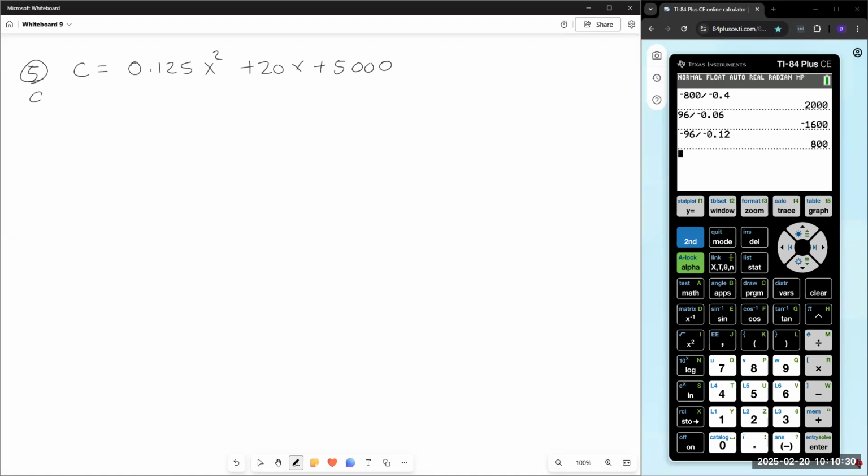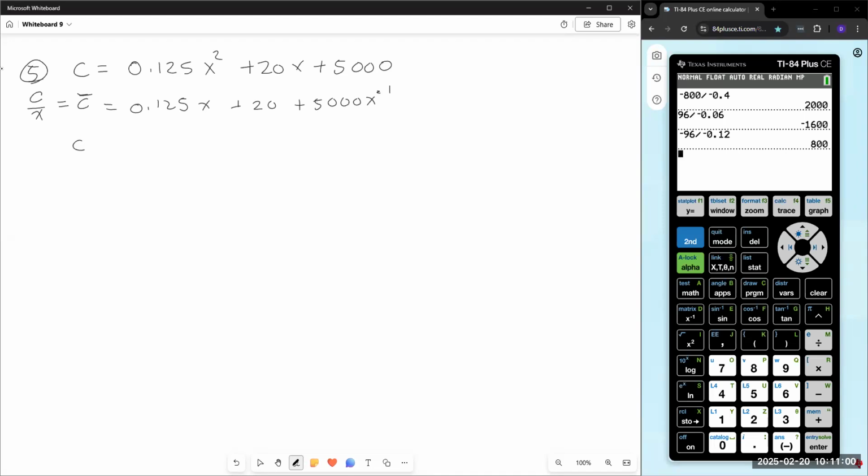So C divided by x is what C bar is, average cost. So we're going to divide everything by x, take the power of every term down by 1. 2 minus 1 is 1. 1 minus 1 is 0. There's x to the 0 is just 1, plus 5,000 x to the negative first power.